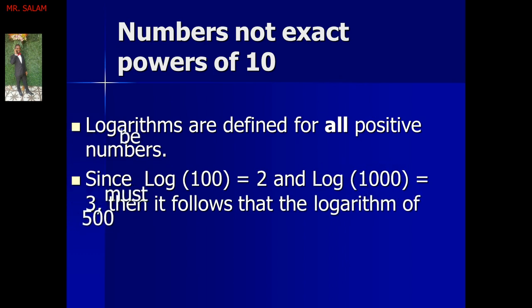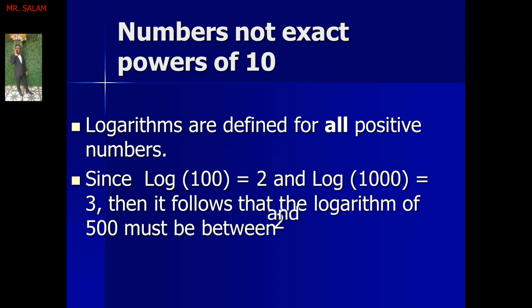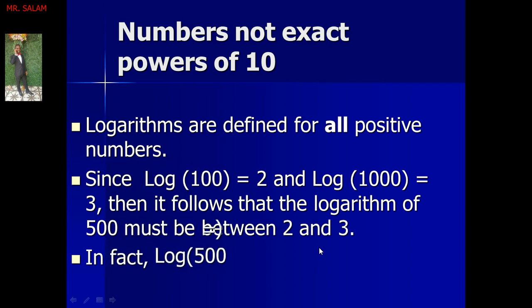It follows that the logarithm of 500 must be between 2 and 3, that is 2 point something. If you check your logarithm table very well, you realize that the logarithm of 500 will be 2.699, and so on like that. Or you just press a calculator, you have your answer.